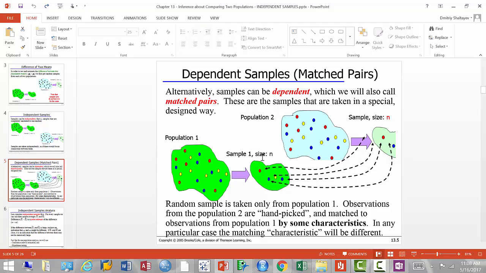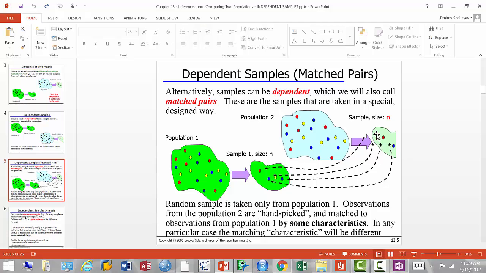Now I'm comparing the same store to itself before advertising and after the advertising. That probably will give me a more purified effect, because I'm not going to look at anything else but the effect of advertising on the sales, because it's the same location. So in other words, my sample number 2 is hand-picked, okay? Sample number 1 is random, and after that I hand-pick observations in sample number 2 and match them somehow.